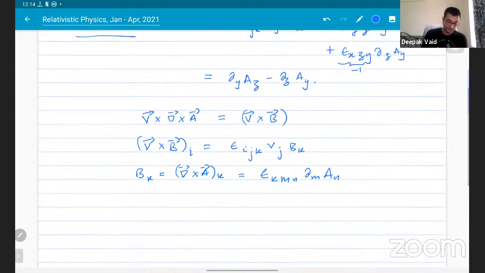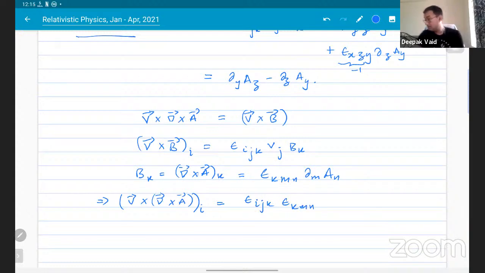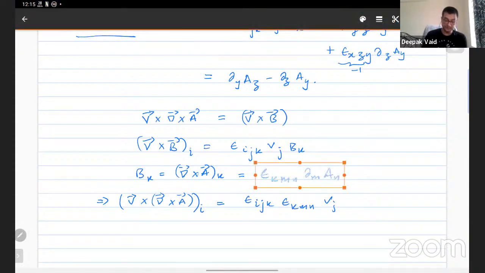So this is going to be epsilon k m n d_m A_n. Okay. And so finally, I can write down v cross del cross A, the ith component of this is equal to epsilon ijk, then epsilon k m n v_j B_k. So B_k, instead of B_k, I'll substitute this expression, right?